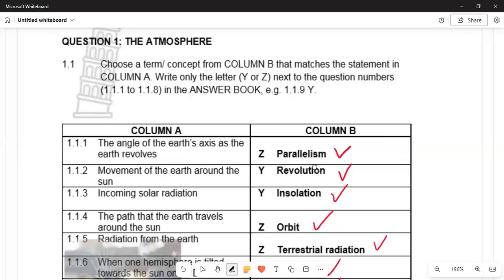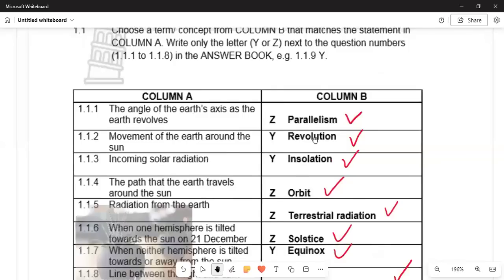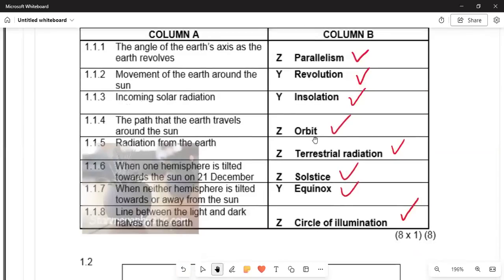Then the radiation from the Earth is called the terrestrial radiation. Refer back to the concept that is given. In 1.1.6, the Sun on the 21st November results in the solstice.